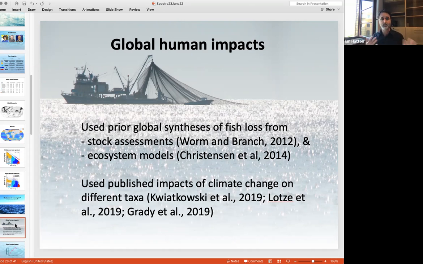And then we wanted to also contrast that with estimates from climate change projections up to 2100. And those are really extreme projections based on RCP 8.5. But we just wanted to have an extreme scenario compared to current day fishing impacts to see where they sit in reference to each other.